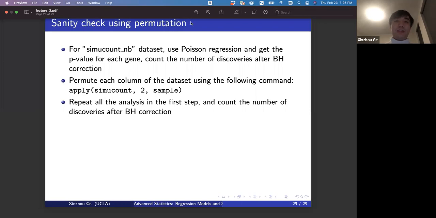So to summarize, we first introduced several regression models, starting from simple linear regression. And we introduced the format, these target functions, and how to solve them. And then we introduced multiple linear regression and generalized linear regression, including logistic regression, Poisson regression, binomial regression, and negative binomial regression. For each of the regressions, we can do different kinds of hypothesis testing regarding the coefficients.